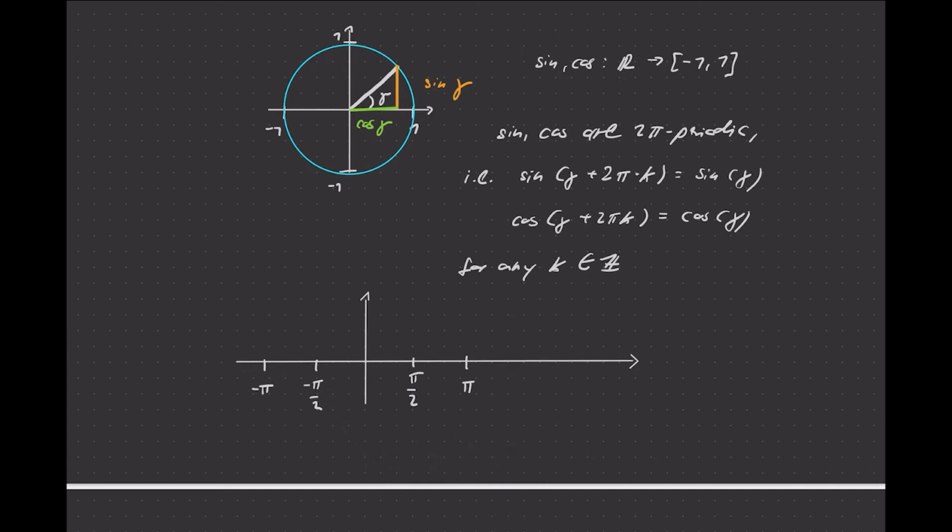Let's start with the sine. Basically, the sine of 0 is 0. Imagine this line here is way down there. Then nothing of that orange part is left. So the sine starts at 0 and then increases until it reaches 1 at this point. And then it decreases again until it reaches 0 at this point, and that is the rotation value of pi.